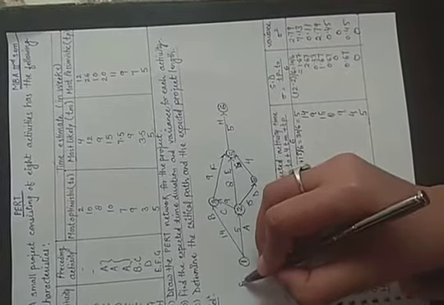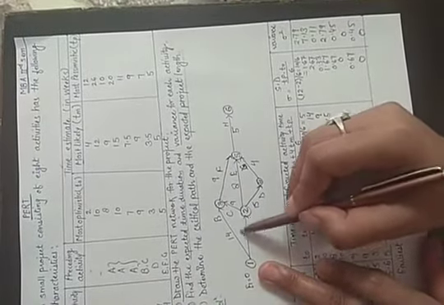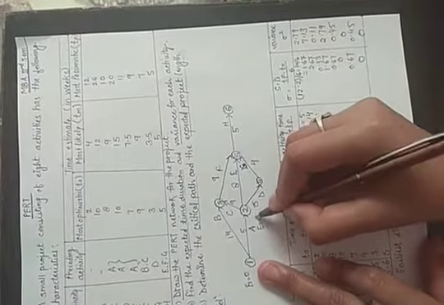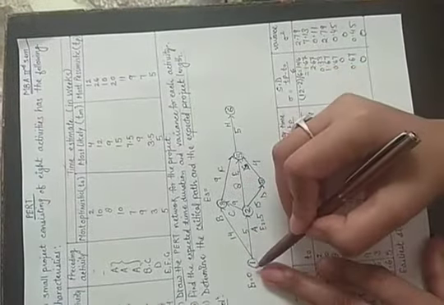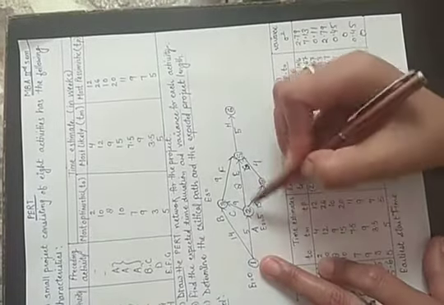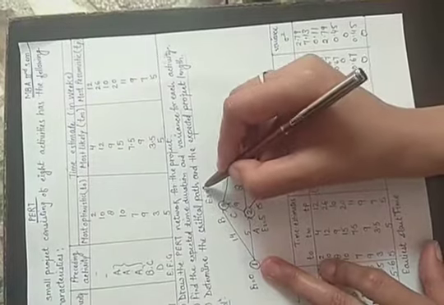When we start, E1 is equal to 0. Then come to 2: E2 is E1 plus T1 to 2. Between 1 and 2 the time given is 5, so 0 plus 5 is equal to 5. E3 is equal to the maximum of 0 plus 14 and 5 plus 9, which is 14.